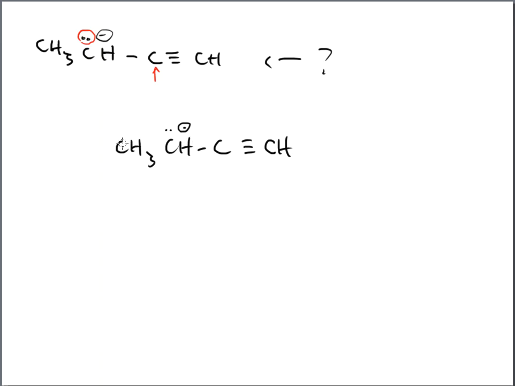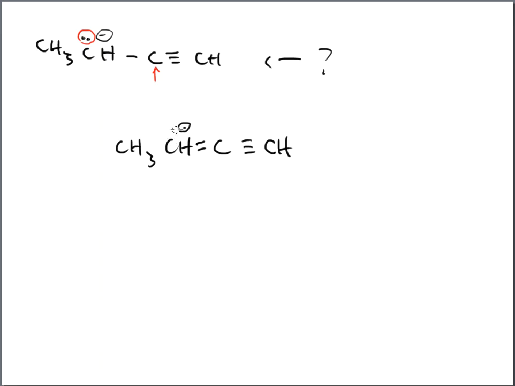And I wanted to show you another resonance form that this could take. What we could do is this free set of electrons right there can move inward, because next door there are pi electrons. So we could see a movement of those pi sets here to form a double bond.